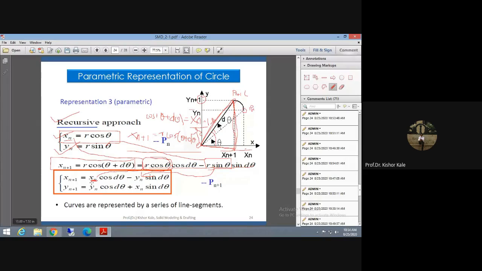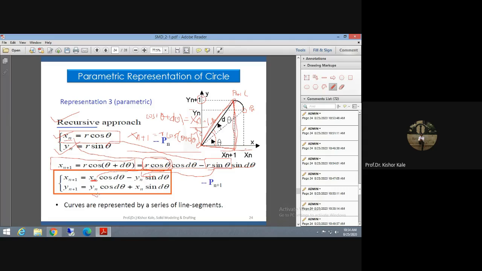So xn plus 1, I can write as xn cos of d theta minus yn sin of d theta, whereas yn plus 1 will be equal to yn cos of d theta plus xn sin of d theta.